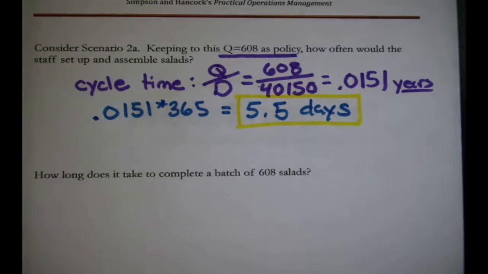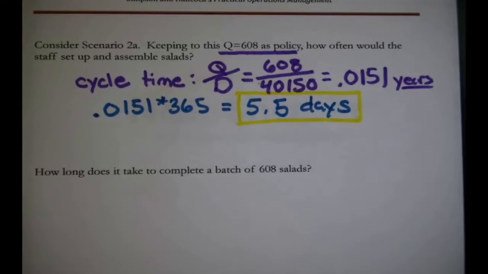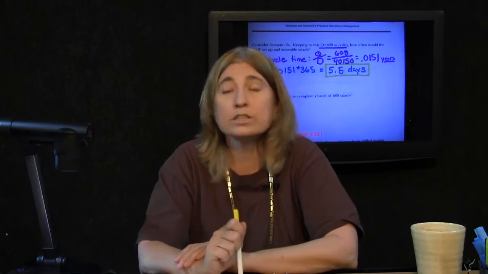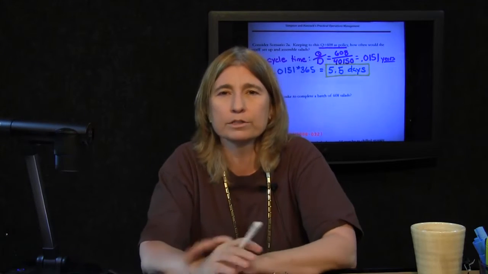This is an alternate equivalent answer, and it's a lot more intuitive. They'll be setting up for salads basically every 5.5 days. The cycle time on that policy of Q equals 608 is 5.5 days. A batch of 608 salads lasts 5.5 days. These are all equivalent statements.